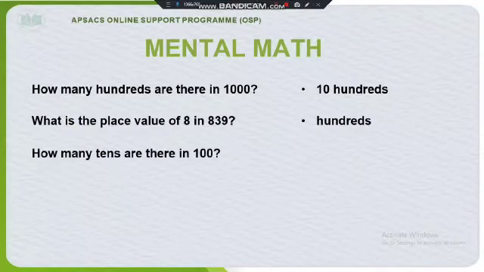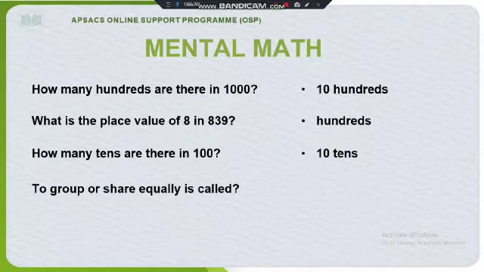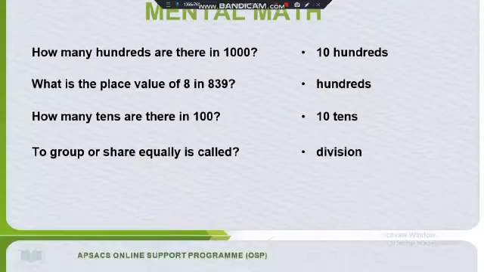Now how many tens are there in 100? Very good. 10 tens. The last question: group or share equally is called what? Very good. Yes, division. Division is the method to group or share objects or items equally.